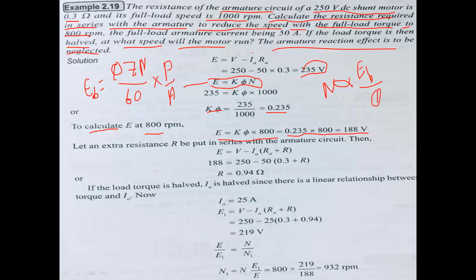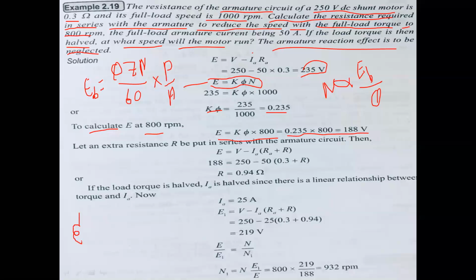An extra resistance R is put in series with the armature circuit, because if you want to reduce the speed, a series resistance is added in series with the armature circuit. I will draw the circuit diagram.